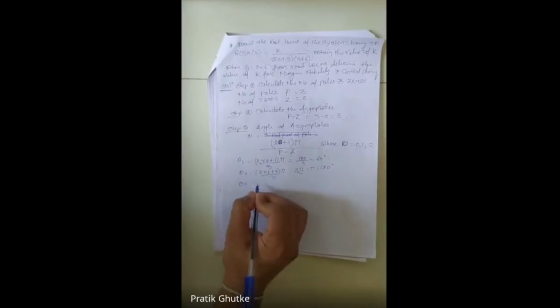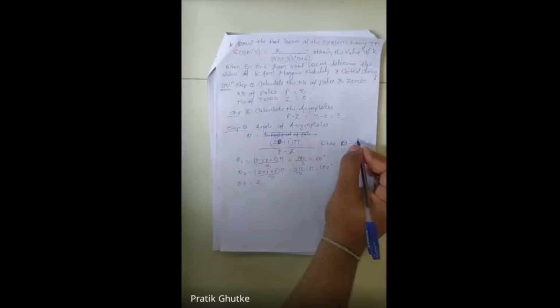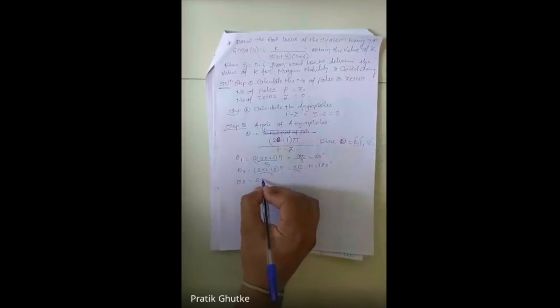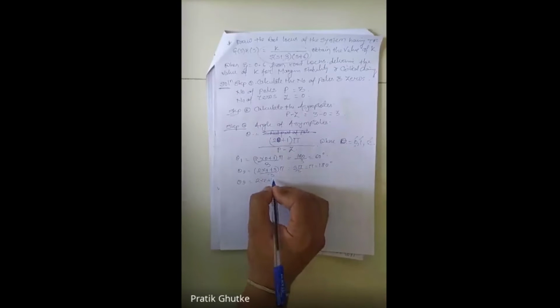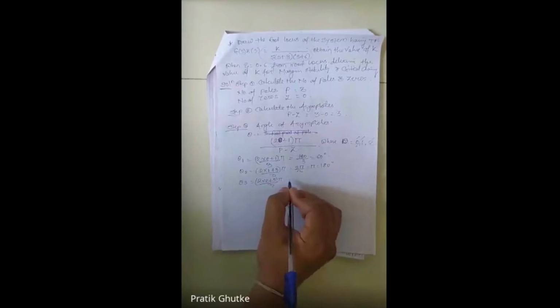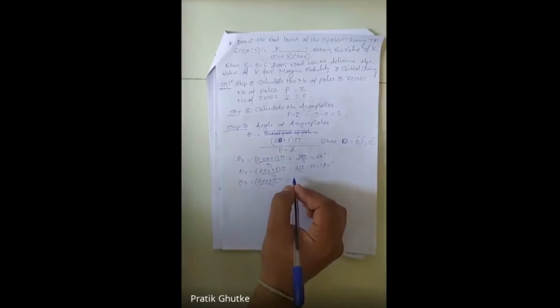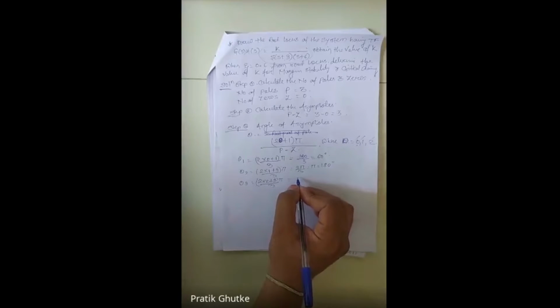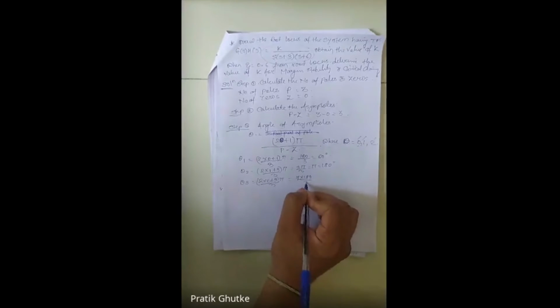Theta 3 will be with k equals 2: 2 into 2 is 4, plus 1 is 5, so 5 pi by 3.